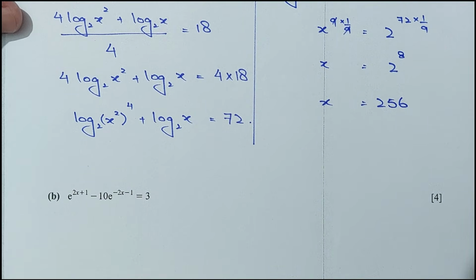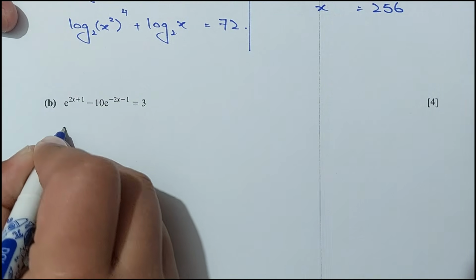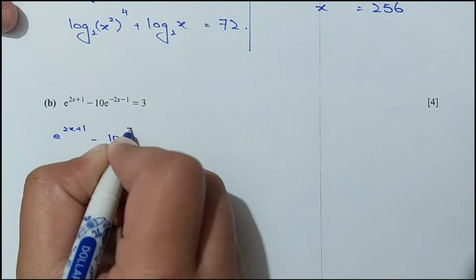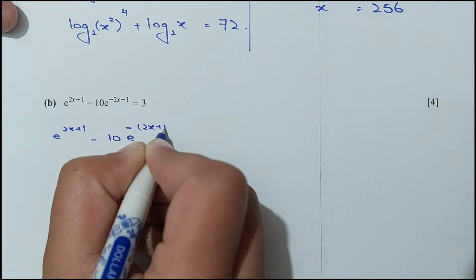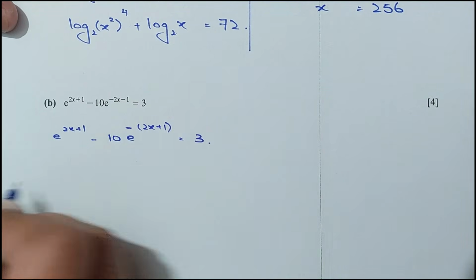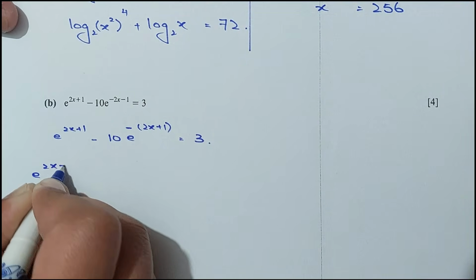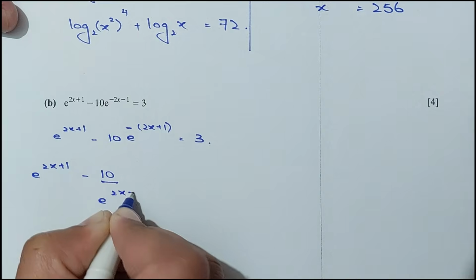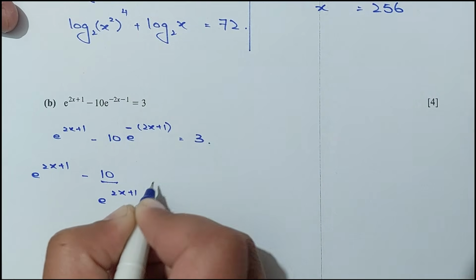Now for part B, we have to solve this exponential equation. e to the power 2x plus 1 minus 10 over e to the power 2x plus 1 equals 3. Shifting this to the denominator to make it positive.